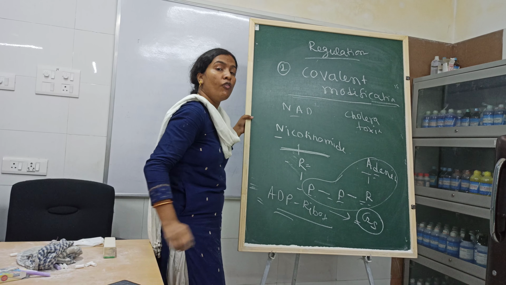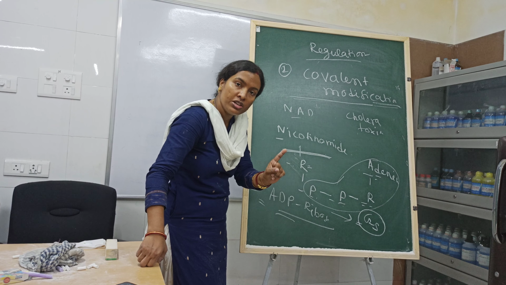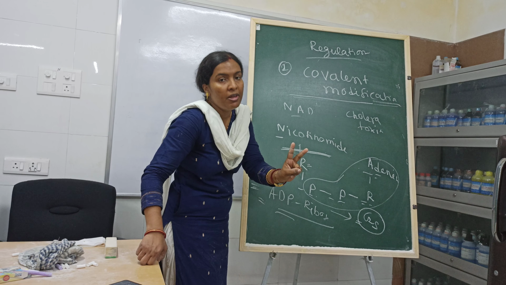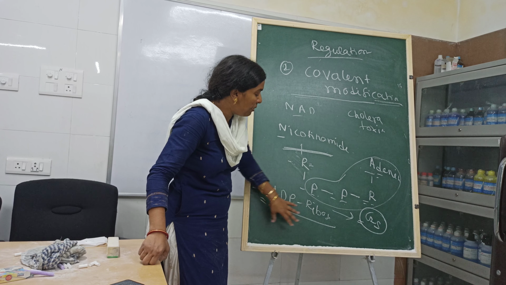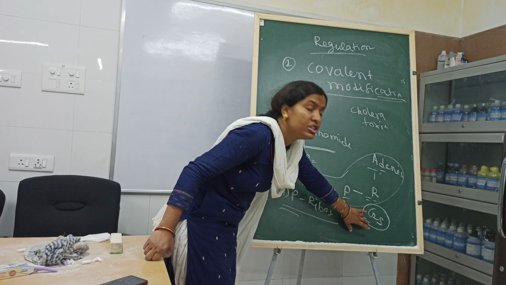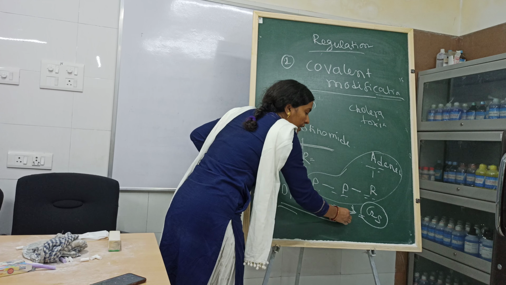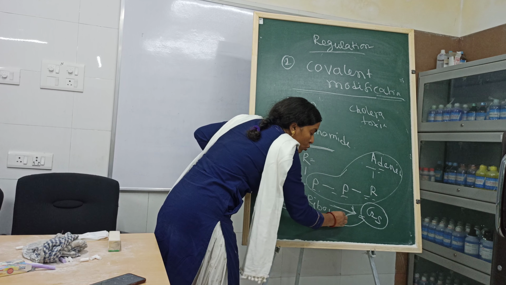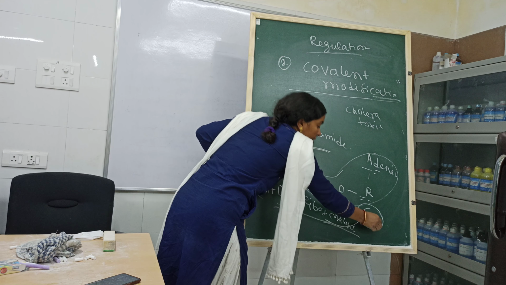I have told that covalent modification can be done in three ways: one is phosphorylation, dephosphorylation, one is attachment of calcium, and another way is adenylation. What is adenylation? Here the ADP ribose is attached to the stimulatory G protein. This linkage is via covalent linkage, as it binds with the stimulatory G protein.